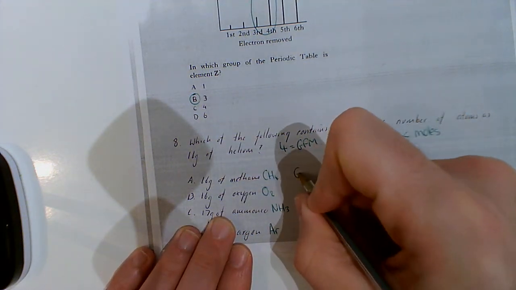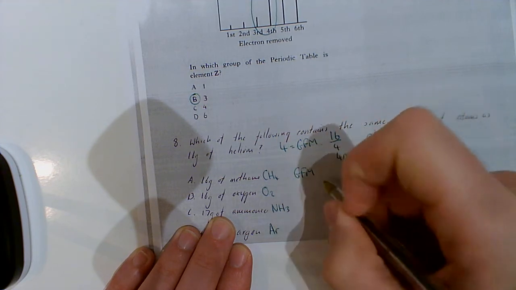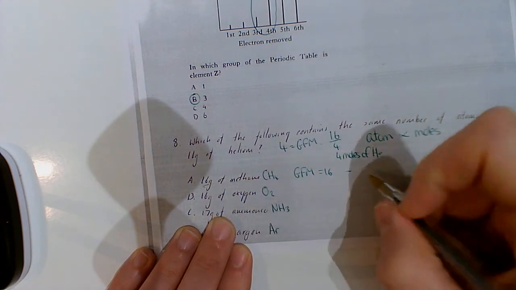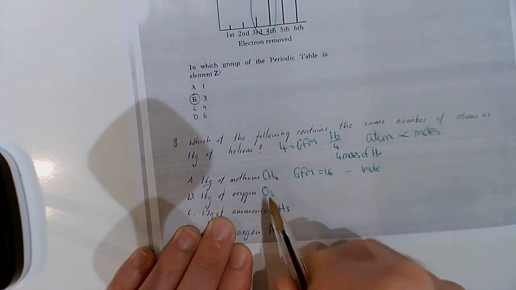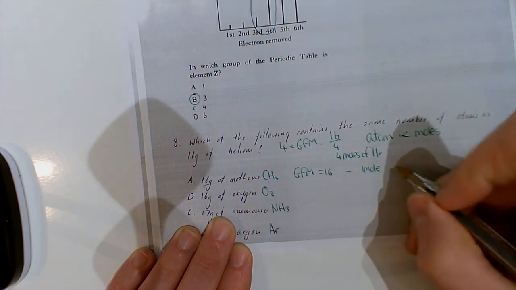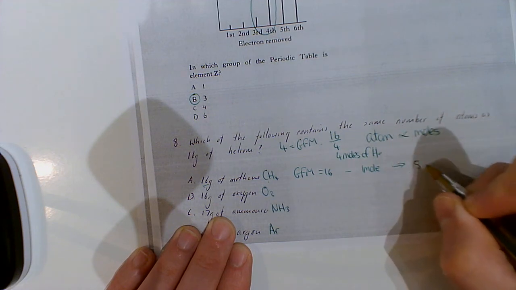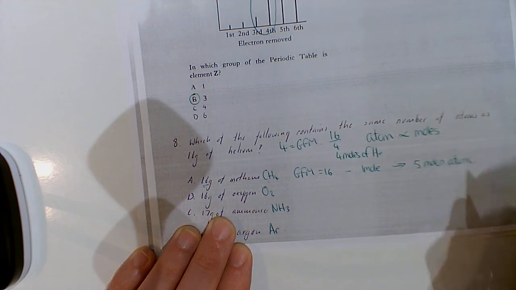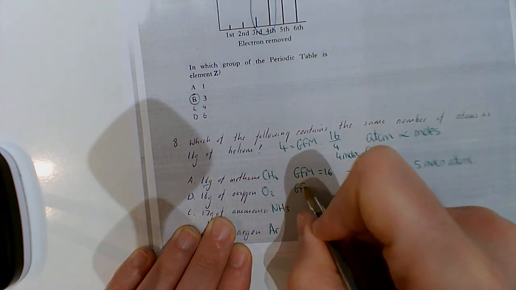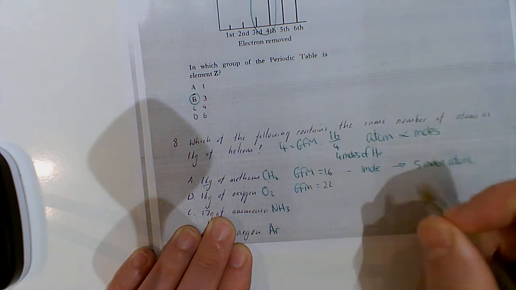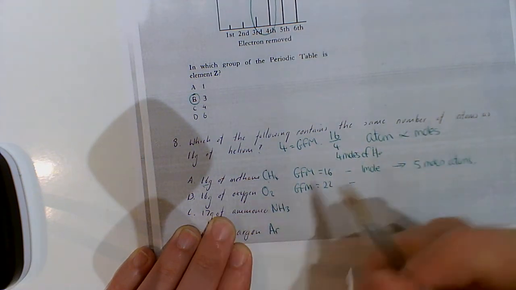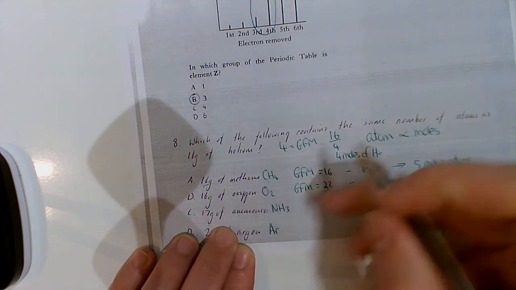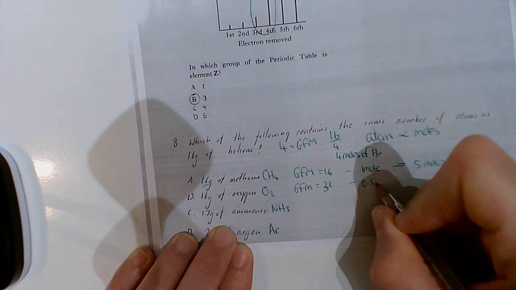So the GFM of methane is 16. So 16 divided by our 16 here is 1 mole. And remember, there's 5 atoms here, so that means we have 5 moles of atoms. Oxygen, so the GFM of oxygen is 32. So 16 divided by 32, sorry, I've written 22 there. 16 divided by 32 is 0.5 moles.